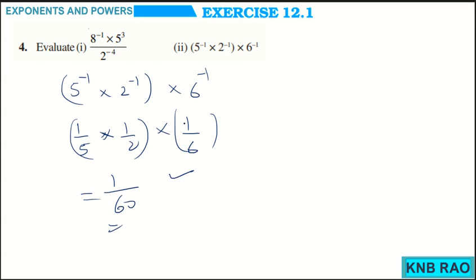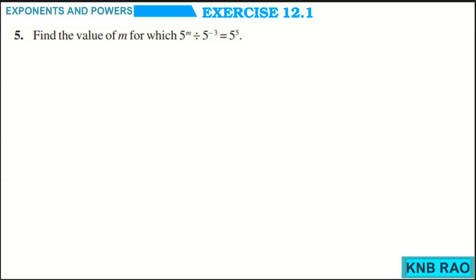Now coming to the main question number 5. Find the value of m for which 5^m divided by 5^-3 is equal to 5^5. These types of questions are very important. Here 5^m divided by 5^-3 equals 5^5.